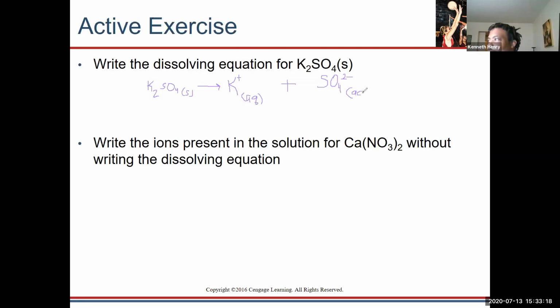Okay, so what do I need to do to balance it? Well, we need to add a 2 coefficient in front of our potassium ion. That is correct. Piece of cake? Correct.